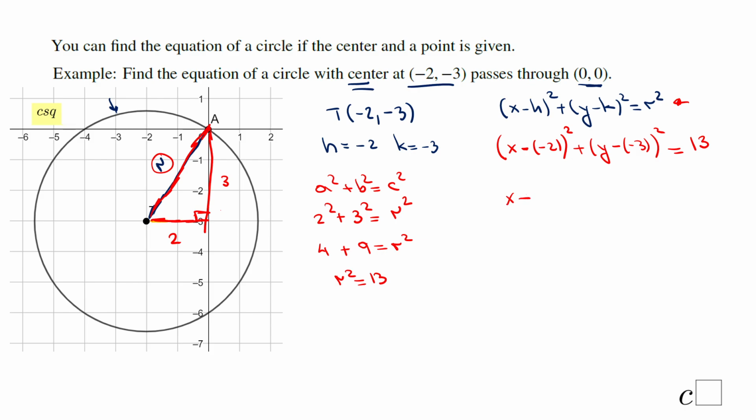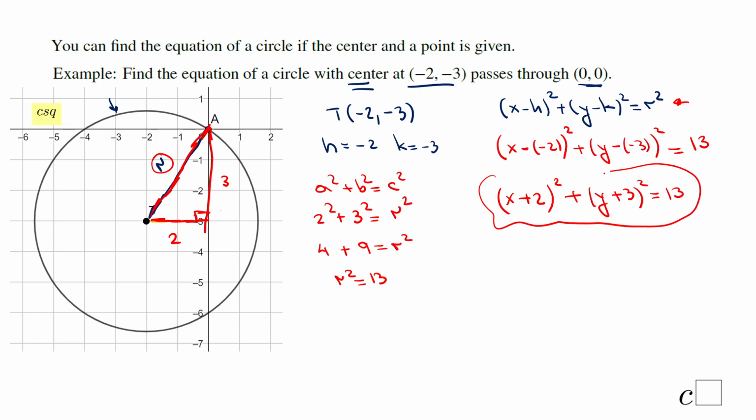We're going to have x plus 2 square plus y plus 3 square equals 13. This is the equation of the circle in the picture. Like I said, sometimes you do not have the picture, at least plot the points and you can use this method.